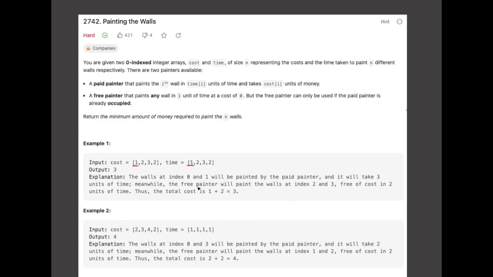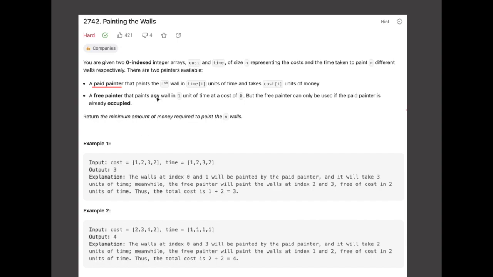And the third wall is going to take 3 units of money and 3 units of time to paint. So that is the cost and the time for the paid painter.